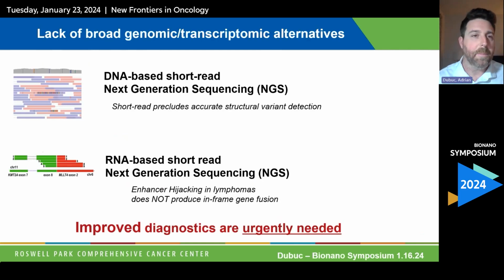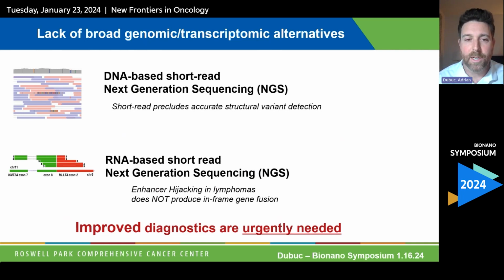Now, there's been a lot of excitement about what genomics and transcriptomics could do for the field of cancer diagnostics and cancer treatment. And while there have been incredible promises, particularly for myeloid malignancies, we haven't seen the same benefit occur in the context of lymphomas. For DNA-based short-read strategies, unfortunately, the short-read nature sometimes precludes the accurate detection of structural variants, or challenges it at the very least.